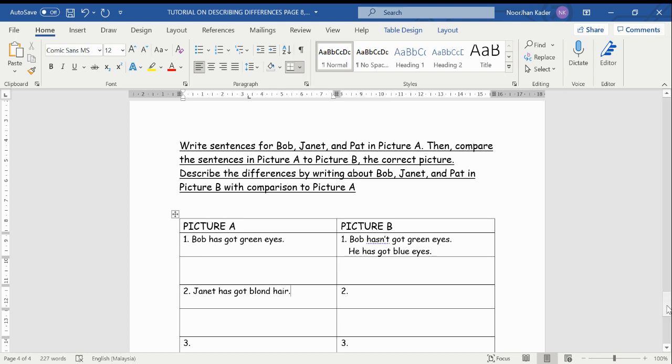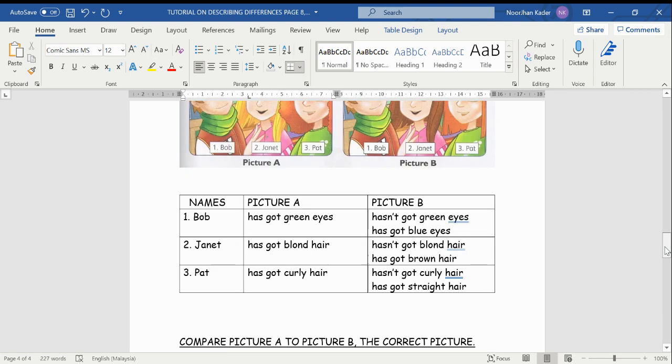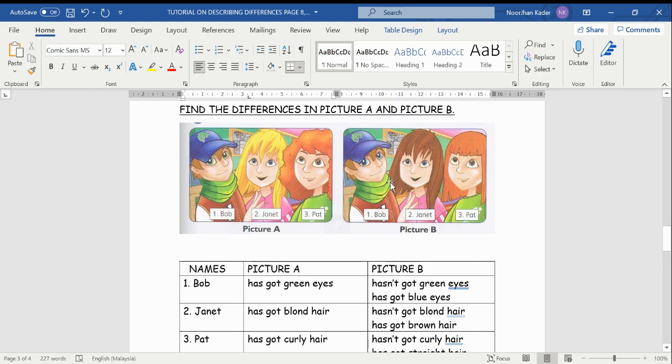Okay, but we have to refute that because picture A is not correct. Picture B is the correct one. Okay, so you can see here, Janet hasn't got blonde hair. Janet has got brown hair. You see here?